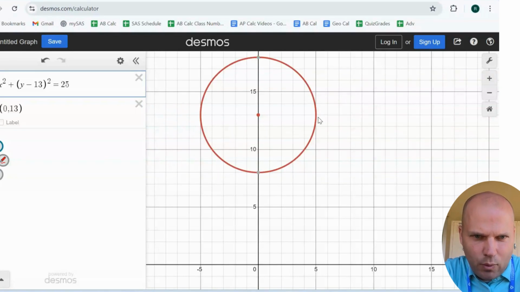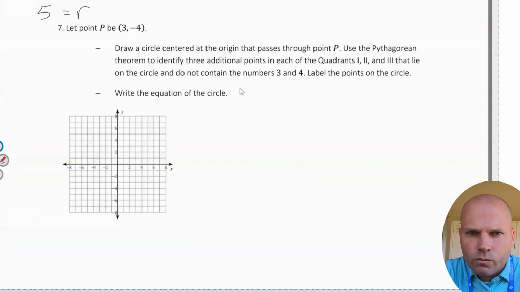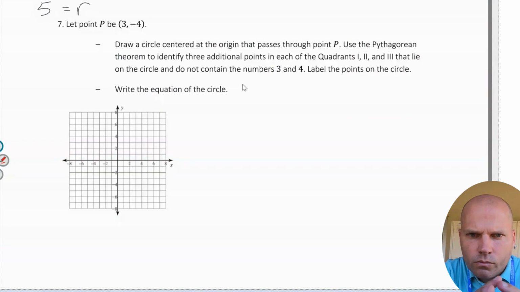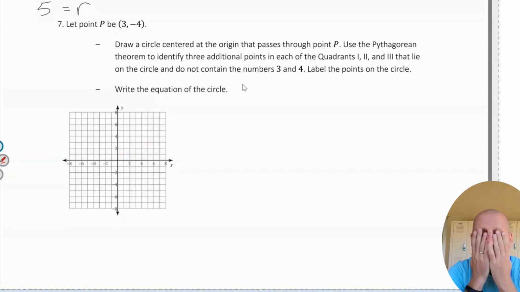Example, that point is 5 away from 0, 13. That point is 5 away. That point is 5 away. Okay. P is 3, negative 4.